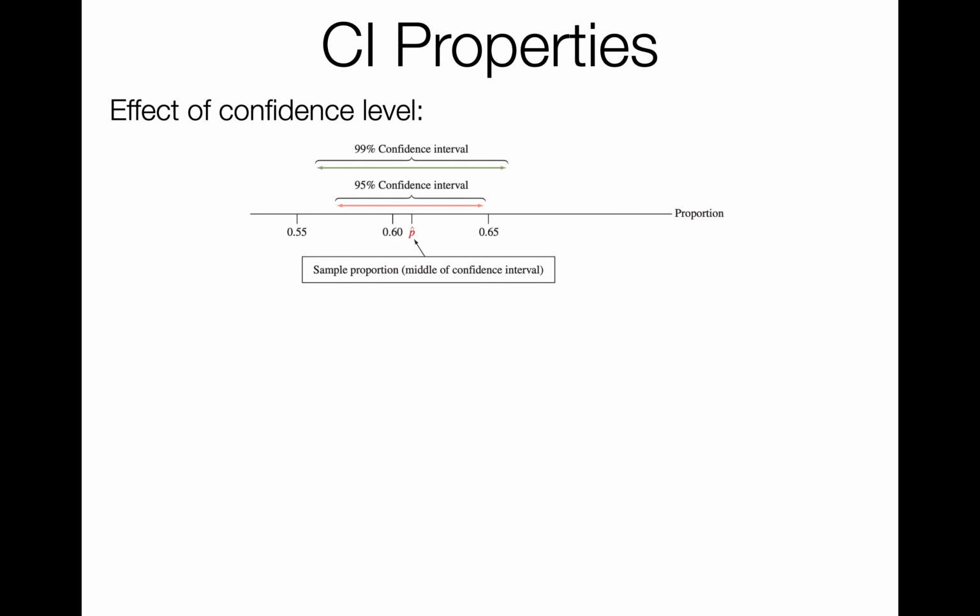But the problem is that I've included every single possibility. In order to be 100% confident, I have to include the entire range of possibilities. So I need to strike a balance between being too confident and creating a really wide interval, and being non-confident at all but creating a really small interval. So as the confidence goes up, the interval gets wider.